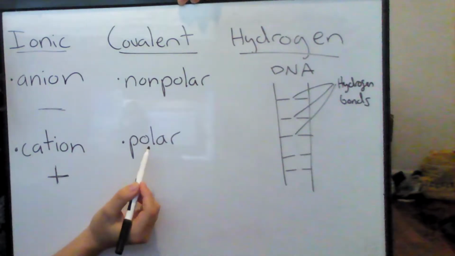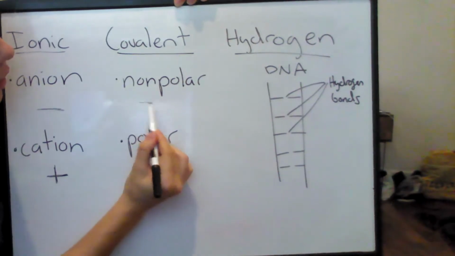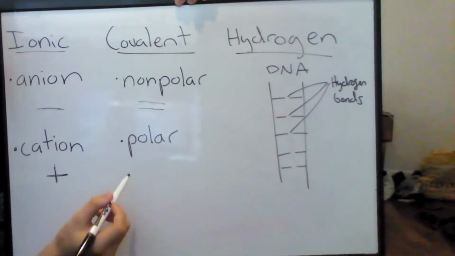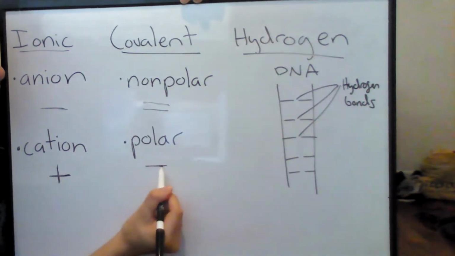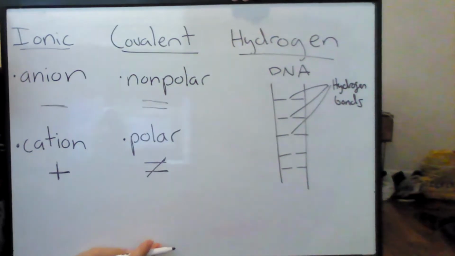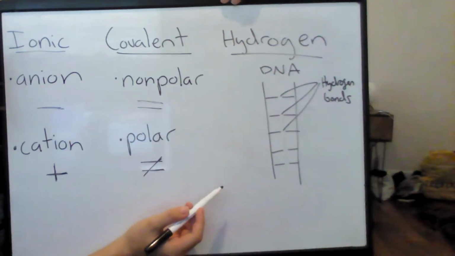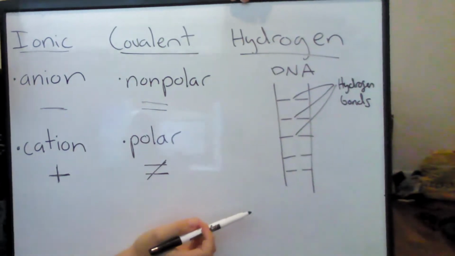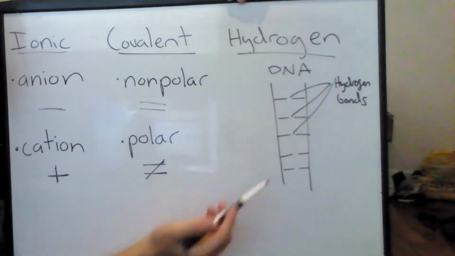They can share from 1 to 3 pairs, so that can be single, double, or triple bonds. And they have electronegativity. They can also have polar molecules, which is unequal sharing of electrons due to different electronegativities of the atoms involved. There are also hydrogen bonds, which are considered weak bonds.